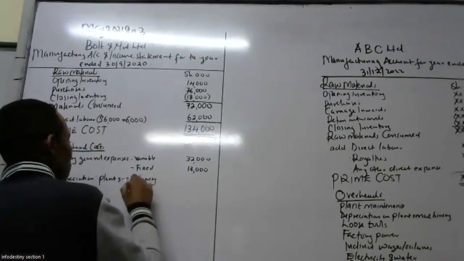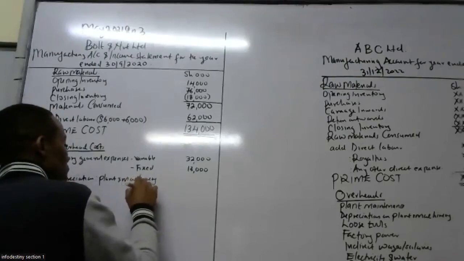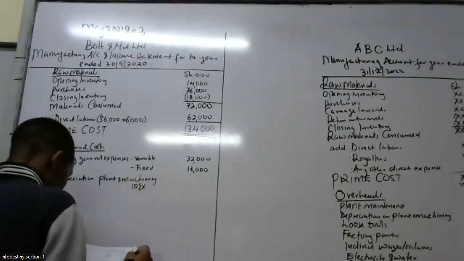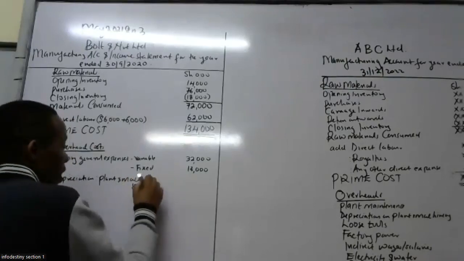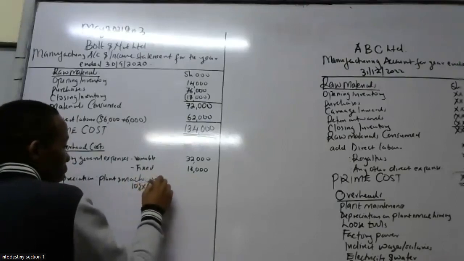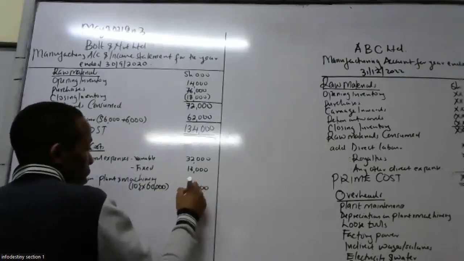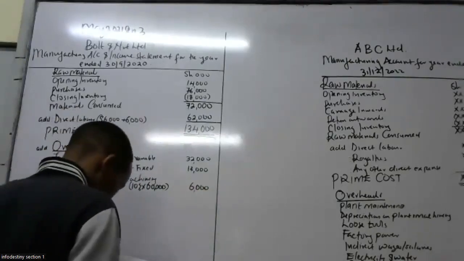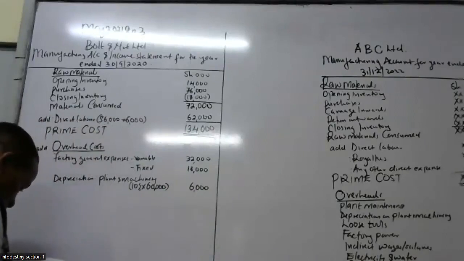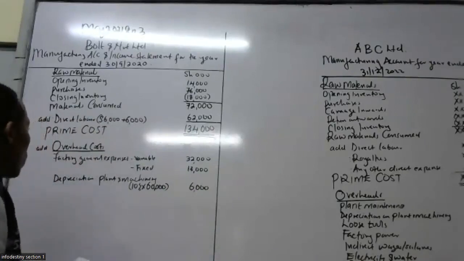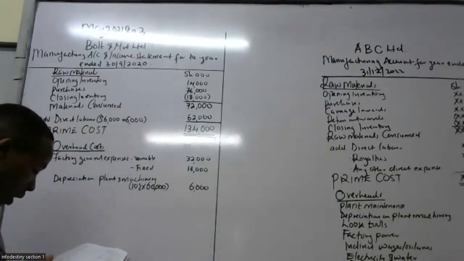So we take 10% of the cost of plant and machinery, which we are given as 60,000. So here we have 6,000. And those are the only two overhead costs which are coming here.